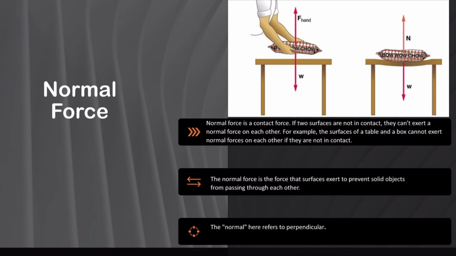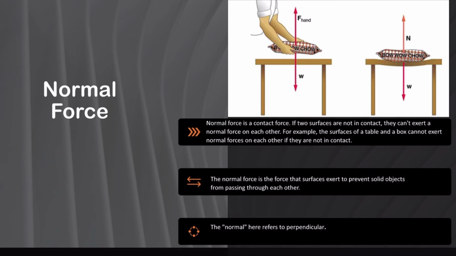Next one is normal force. What is the normal force? Normal force is also called support force. It means that when an object is placed on another stable object, like a table, there is a force acting upon that object from the table, and that force is always perpendicular to the surface of contact.